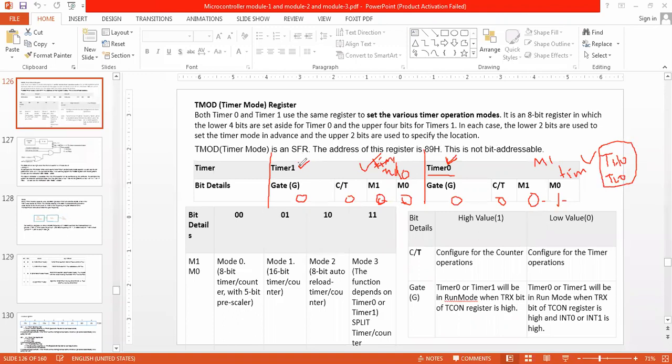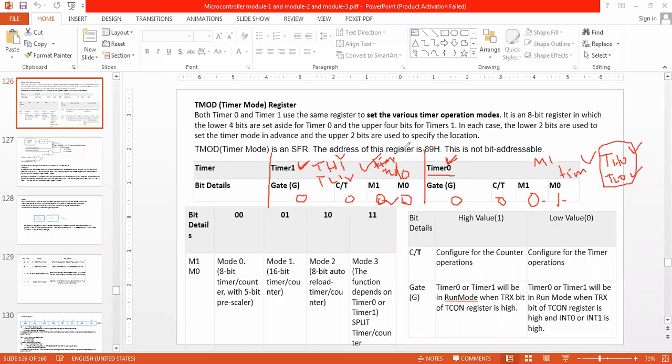As I am not using TH1 or TL1, maybe TH1 and TL1 are mode 0 operation, but I am not working upon TH1 and TL1. Instead, I am using TH0, TL0.